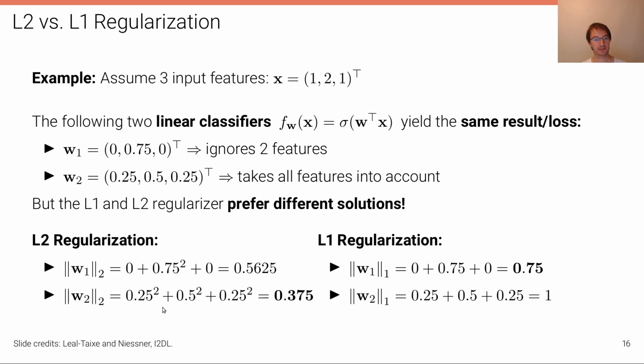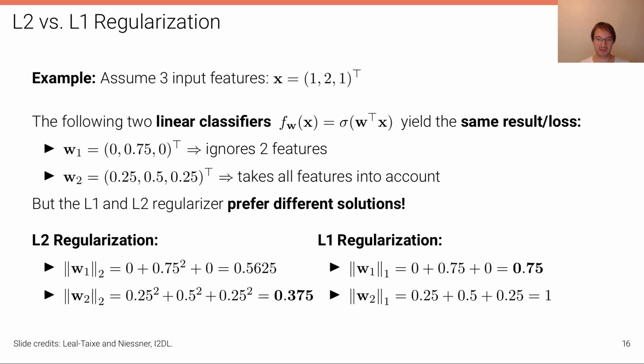And in the second case, we have 0.25 squared, 0.5 squared, and 0.25 squared, which is 0.375. And we can see that this regularizer prefers the model 2 over model 1, which both have the same prediction. So in this case, optimizing the joint objective would lead to parameter vectors that are closer to W2 rather than W1.